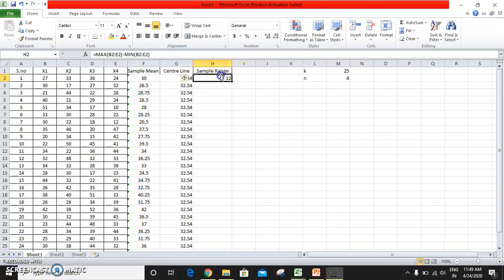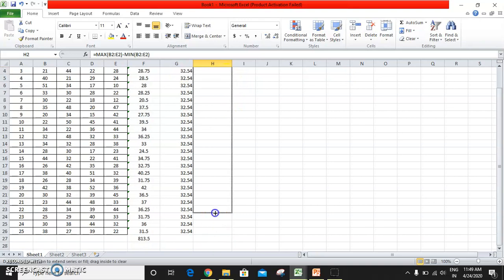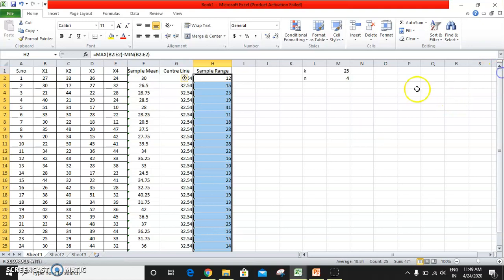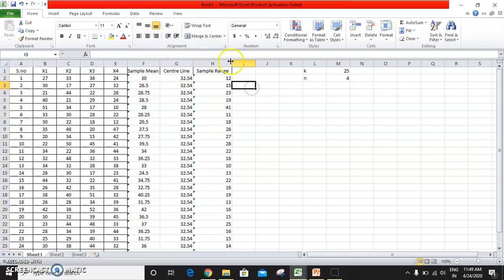We calculated the maximum and minimum of the first 4 observations, and their difference gave us the value of the sample range. Either you can just drag it down and get the values, or calculate individually for each cell, that's up to you. Just to save time, we'll do this.